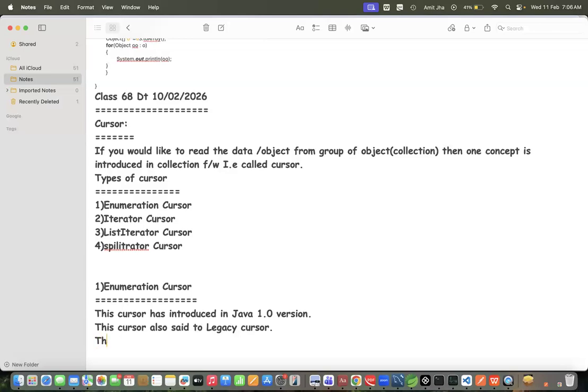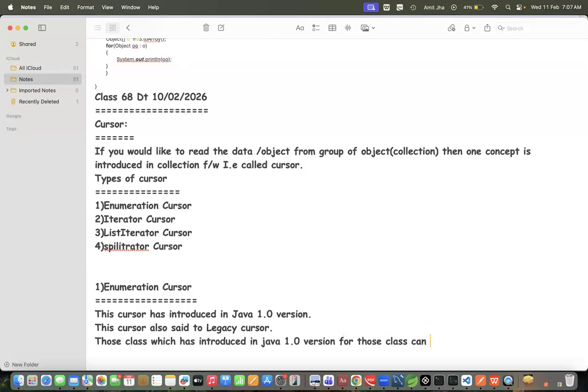What I told, those classes which were introduced in Java 1.0 version can use the enumeration cursor. Any confusion? I hope no, right?